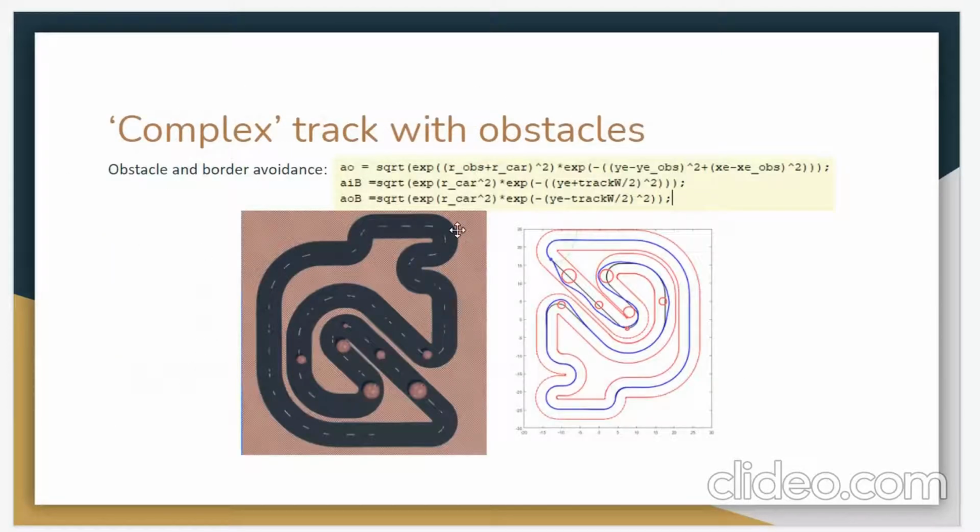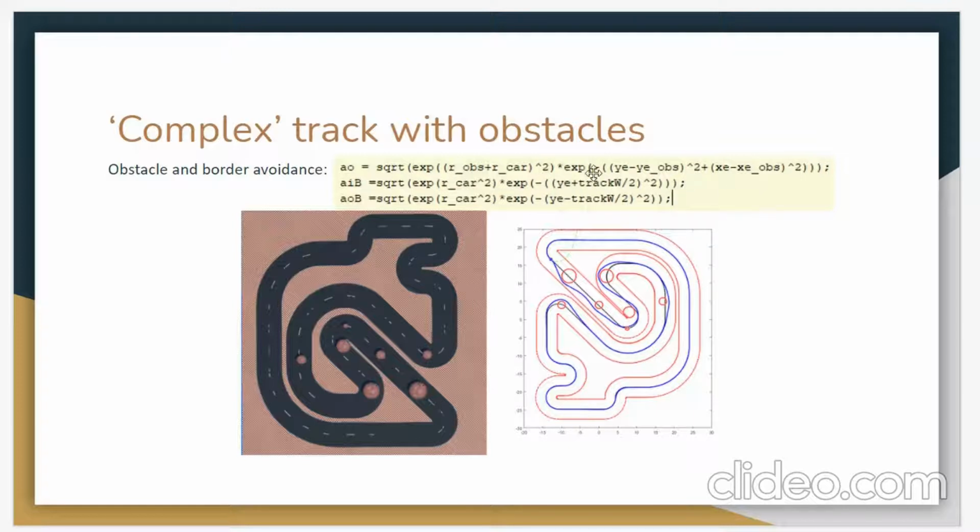The final version of path following control is done on this complex track, both in Matlab and in VBot's simulator. The controller used here also has obstacle and border avoidance features, which is implemented using these terms incorporated into a cost function.